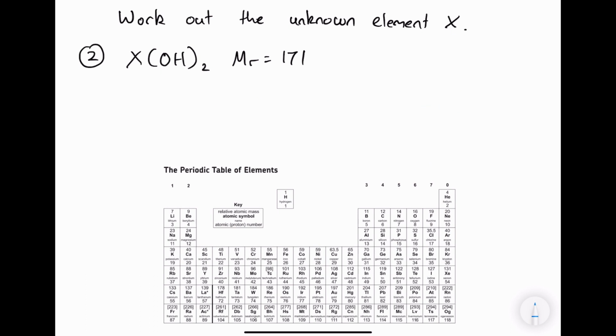Let's try that again. Now we have to find the identity of element X once more, and we have an Mr of 171. So we have X(OH)2. So we need to find the Ar of oxygen and hydrogen. Oxygen is 16 and hydrogen is 1. We need to multiply the 16 by 2, and we need to add this to the Ar of hydrogen multiplied by 2.